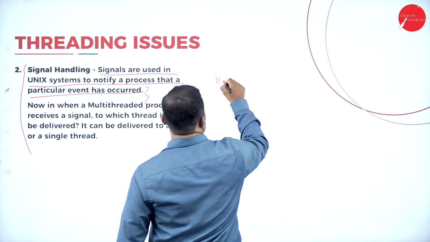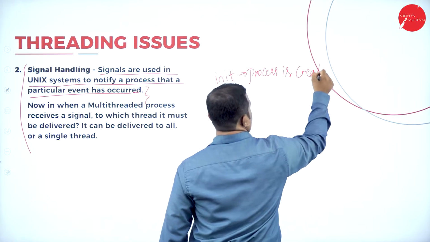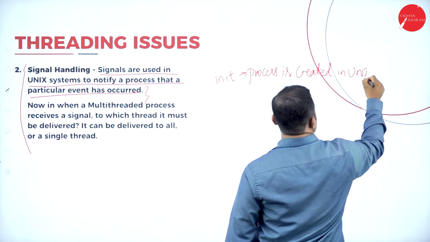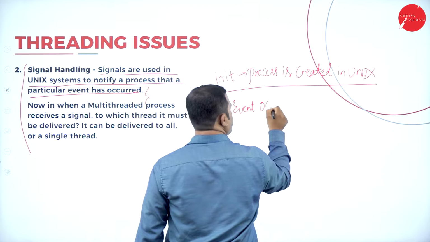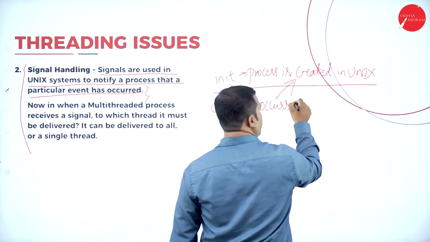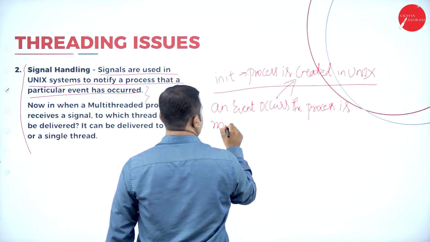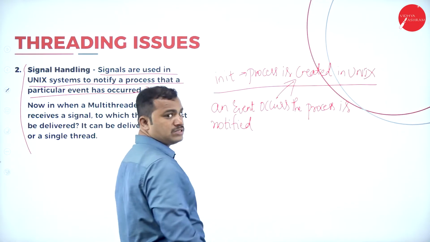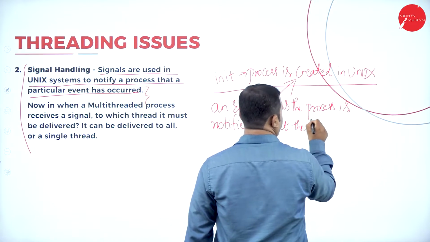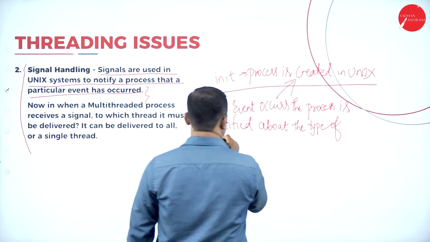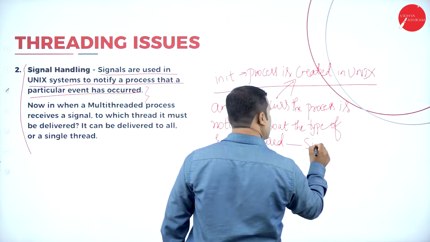That means whenever an event occurs in the Unix operating system, the process is notified about the type of event occurred in the form of a signal.